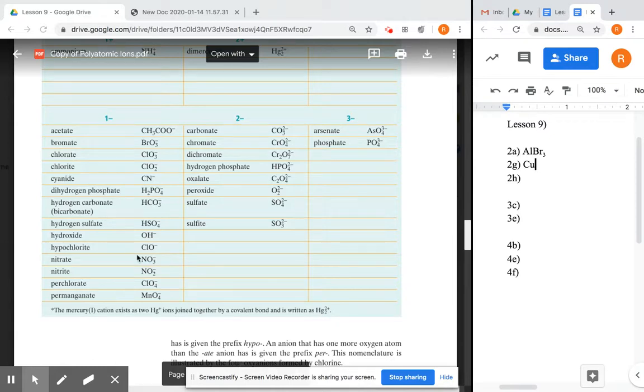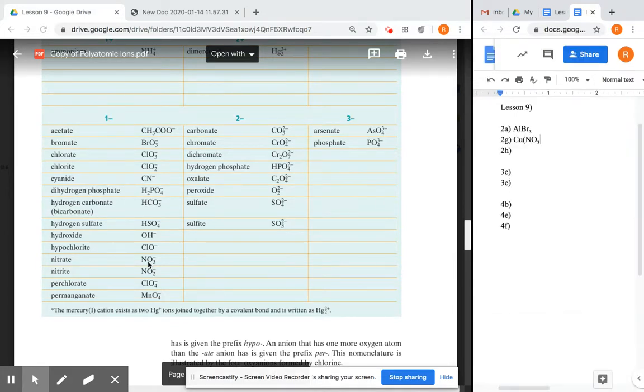But because we need 2 of these minus charges, I'm going to add in parentheses here, NO3, and then another 2. This 2 is related to all of this. That means we have 2 nitrates in this formula to balance out the single copper with a 2+ charge.